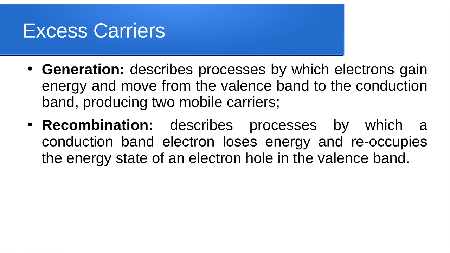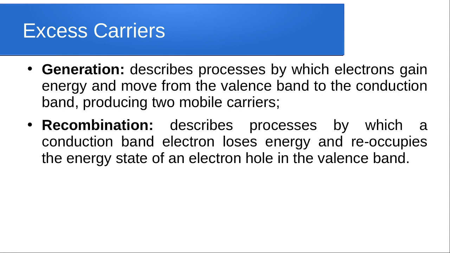Why two mobile carriers? The electron which gains energy moves to the conduction band, leaving behind a hole in the valence band. So there is an electron in the conduction band and a hole in the valence band. So we are getting two mobile carriers.